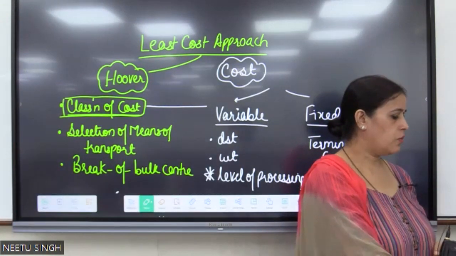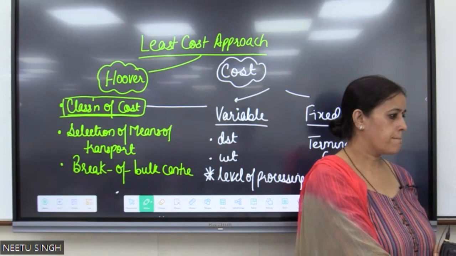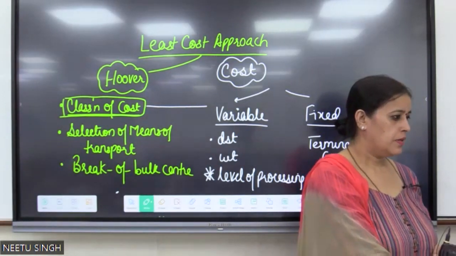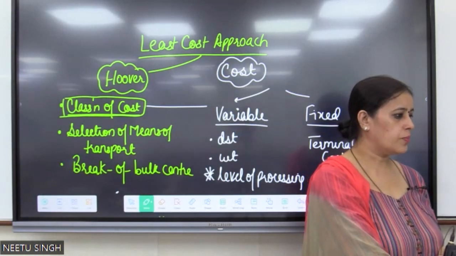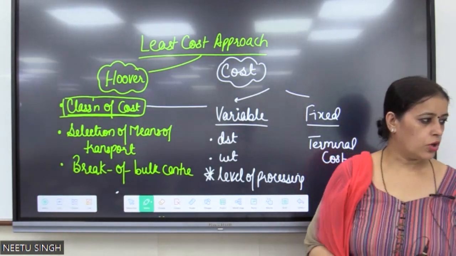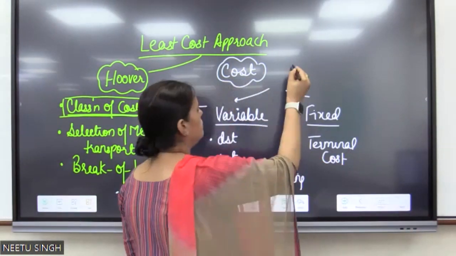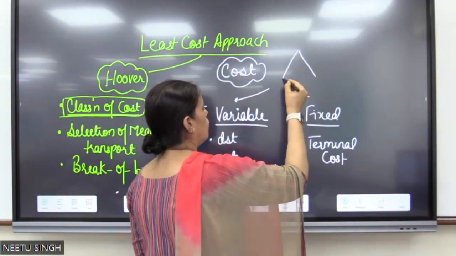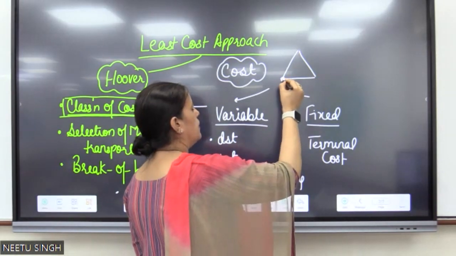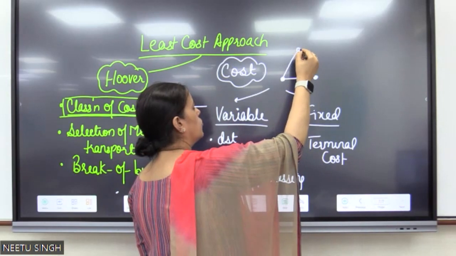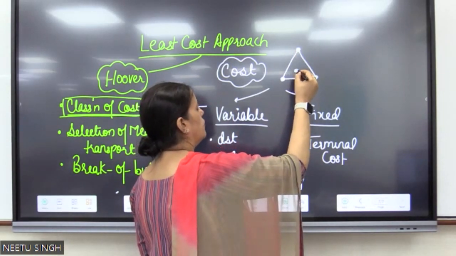Fixed cost. What is fixed cost? Terminal cost. Now carefully understand what we are trying to pick up. I want to draw a locational triangle of Alfred Weber right here. Miniature, because we have learned it already. What Weber is saying: terminal 1, terminal 2, terminal 3, and terminal 4.